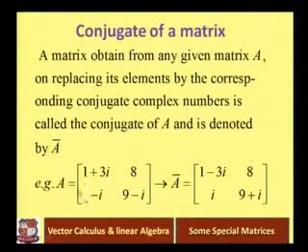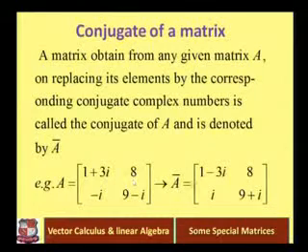For example, we have the matrix [1 plus 3i, 8, minus i, 9 minus i], and we note that these are complex entries. Complex entries involve a real part and an imaginary part, and the conjugate matrix A bar is given by the conjugate of each element.